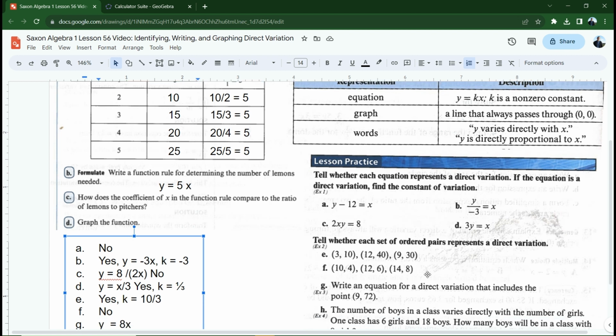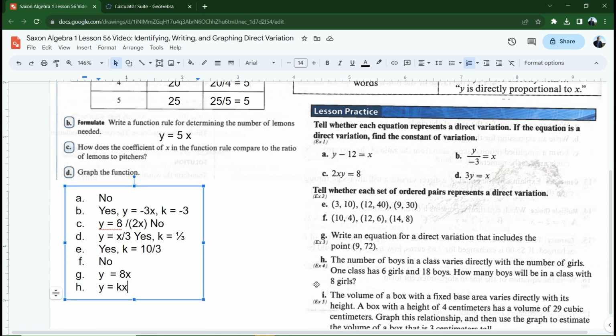Boys varies directly with girls. So boys are y, girls are x. I could do b equals kg as well. Let's take 18, my y, over 6, my x. 18 over 6 is 3. That's my constant of variation. So the number of boys is 3 times the number of girls.